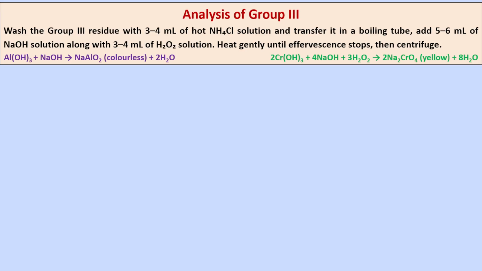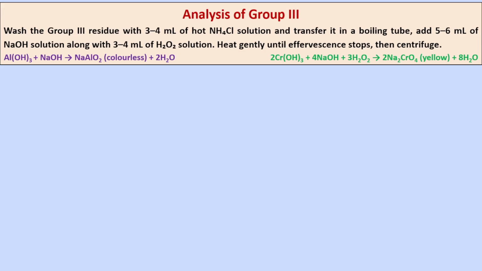Next, add 5 to 6 ml of sodium hydroxide solution along with 3 to 5 ml of hydrogen peroxide solution. The mixture is heated gently until effervescence ceases. This step leads to the formation of soluble complexes, separating aluminium and chromium from iron.